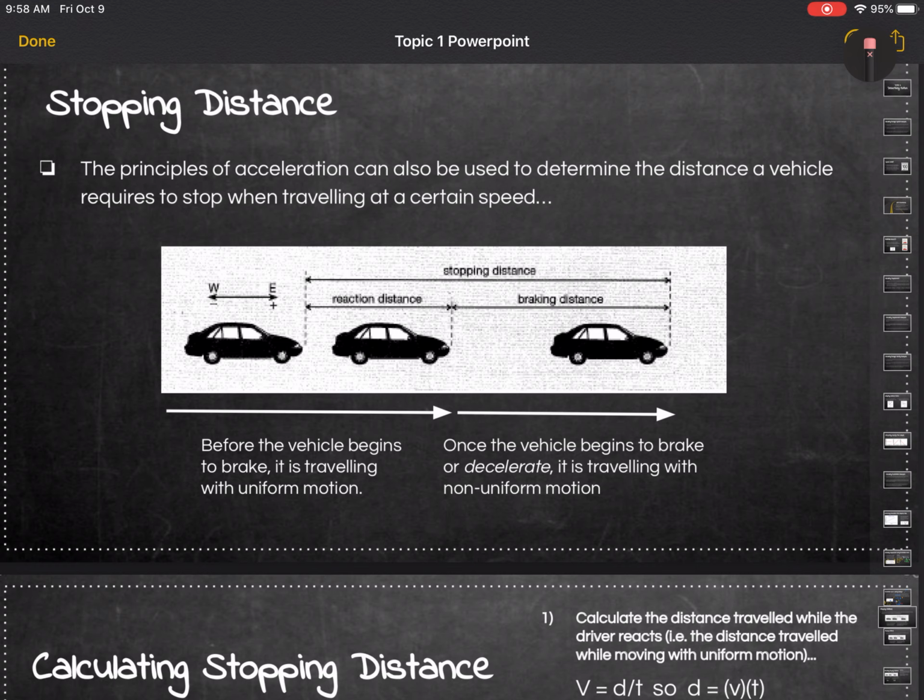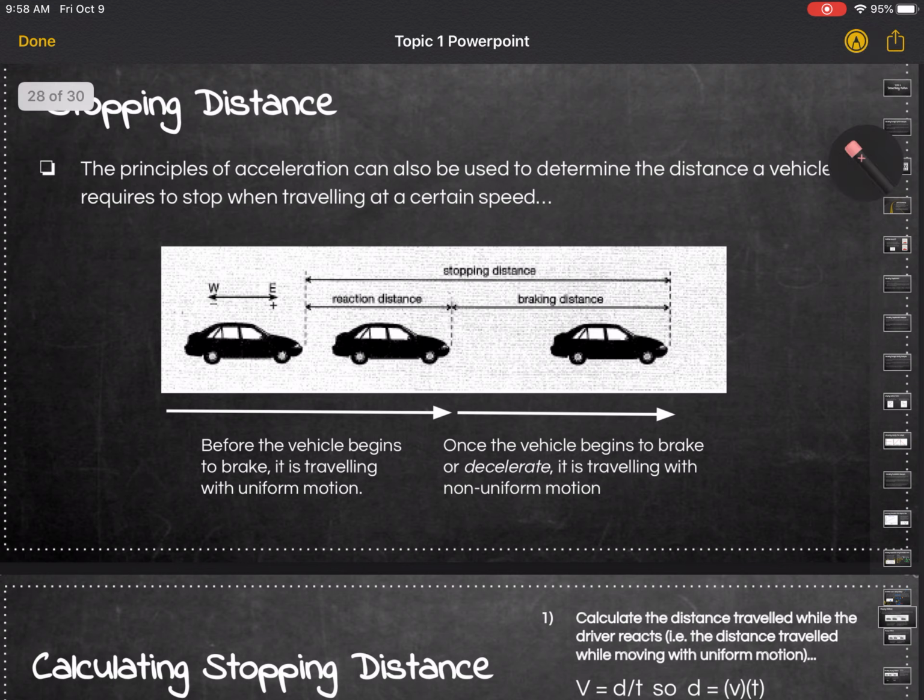So when we're going in our car, let's say we're in cruise control, we're going at a uniform motion, then a red light is up ahead. So we see the red light. There's a time between when we see the red light and we put our foot on the brake, and then once we put our foot on the brake to when we actually stop.